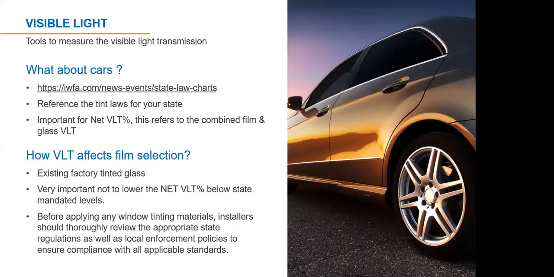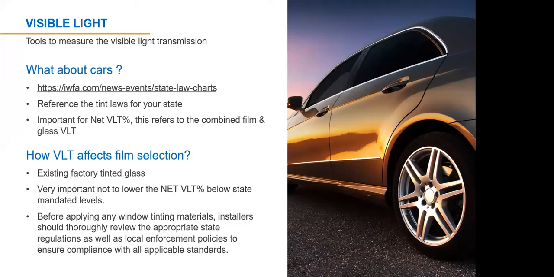What about cars? I'm going to ask you to please reference the tint laws for your individual state. The IWFA provides a chart with each state listed at iwfa.com/news-events/state-laws.charts. It's a very long path, so the best way is to go to iwfa.com and then search for tint laws.